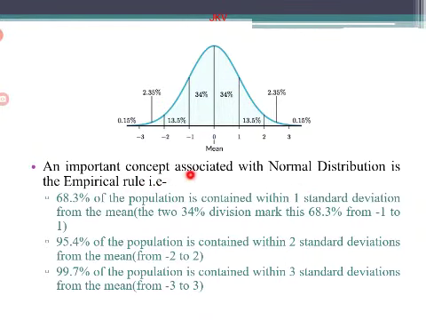Before going to that, we can come to this particular mean. Mean means the average. For example, if I am calculating the mean of the age in your class, there are 30 observations.